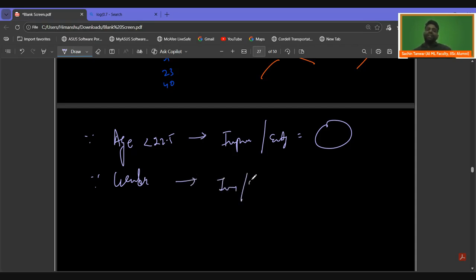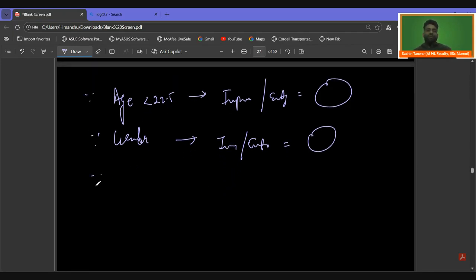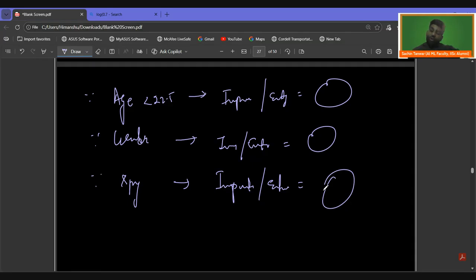Impurity slash entropy would be this. Because of whether somebody likes spy movies or not, the impurity or entropy would be this. Now, out of these three, whichever impurity or entropy would be minimum, we would use that particular feature for split.